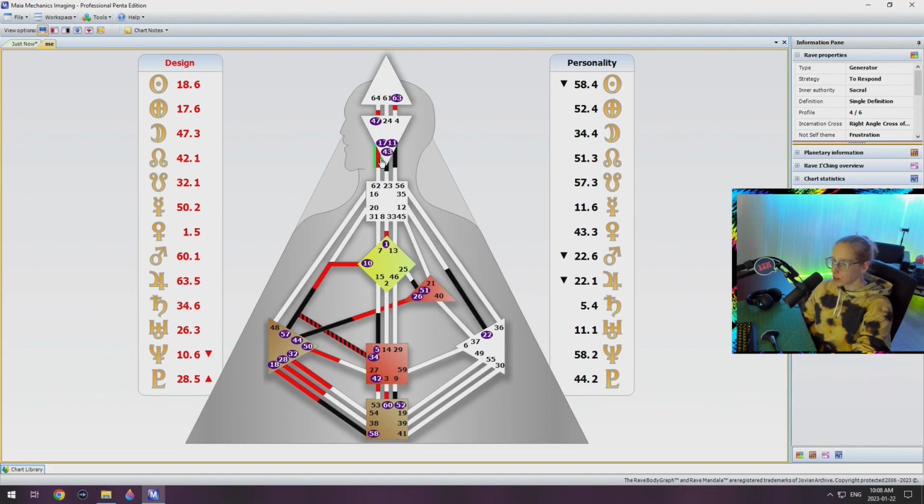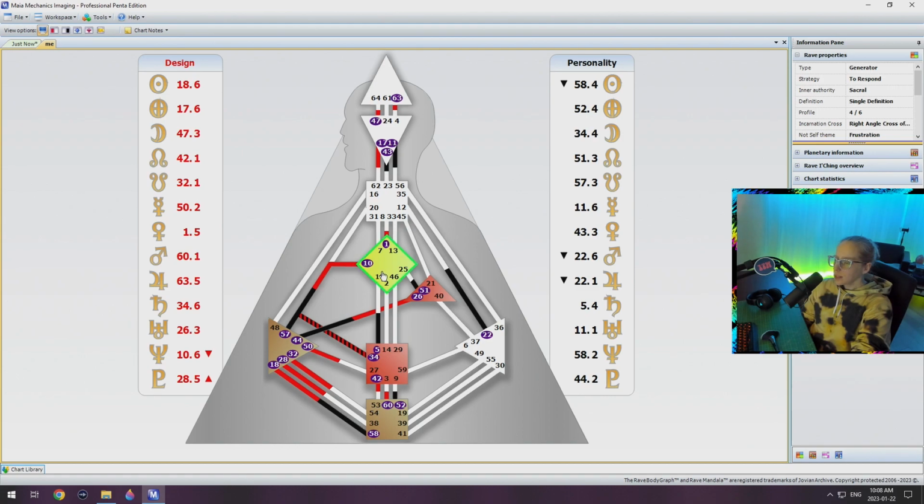Yeah, these gates are called definition too. And what's remaining white is called undefined or open. Now, just because some is colored in and some is not colored in, it doesn't mean it's good or bad. It just is. It's just a way for our logical mind to see what's going on. This is activated, this is not, and that's okay. It just makes up who I am.